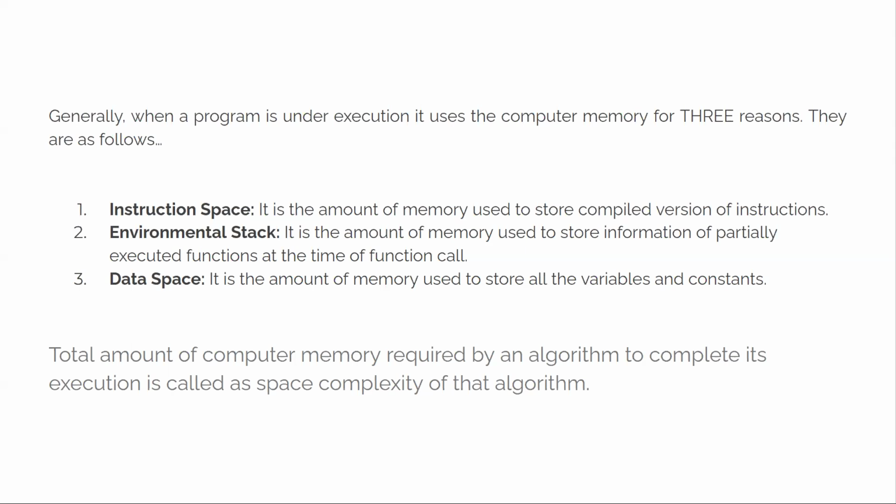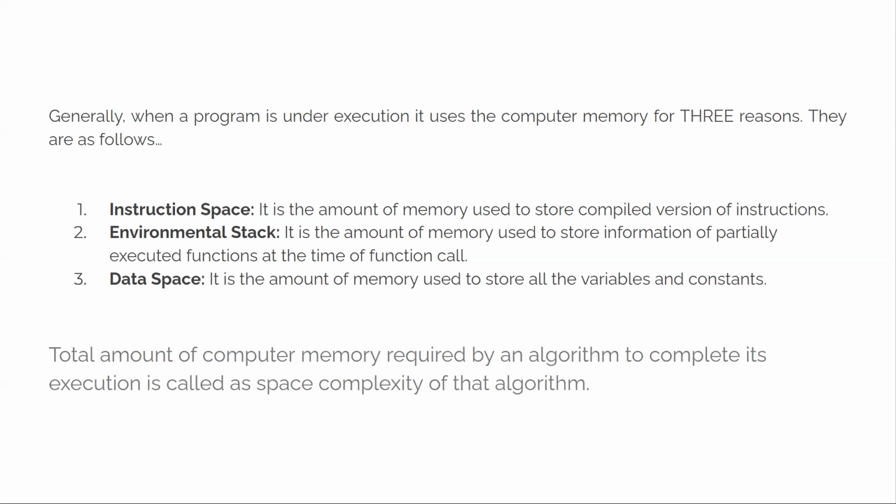Second one, environmental stack. It's the amount of memory used to store information of partially executed functions at the time of function call. Third one is data space. It's the amount of memory we use to store all the variables and constants.